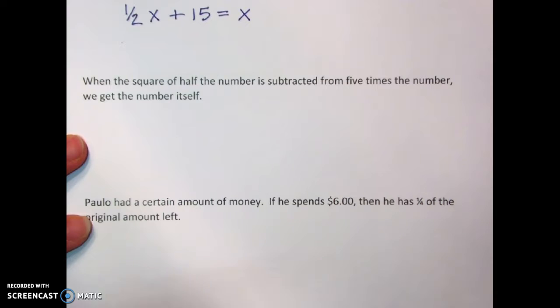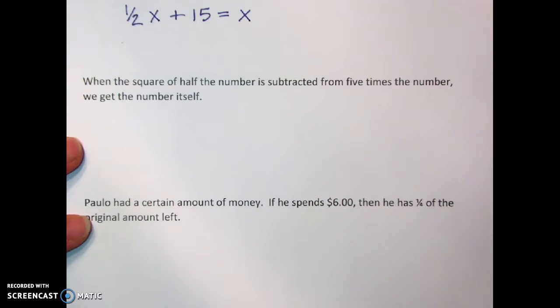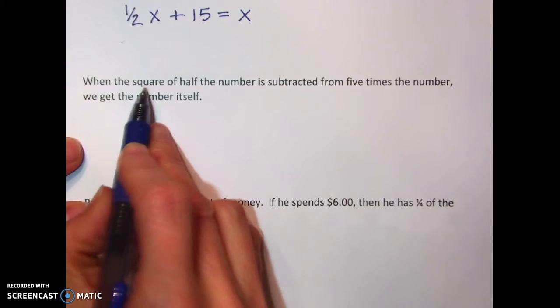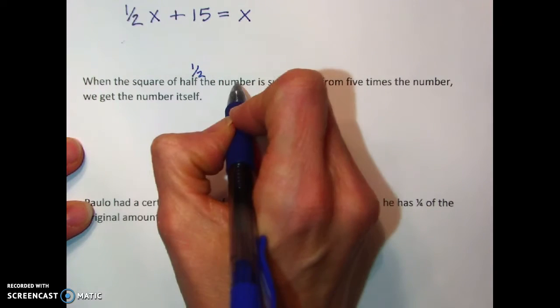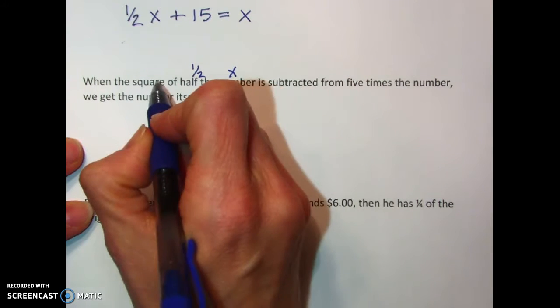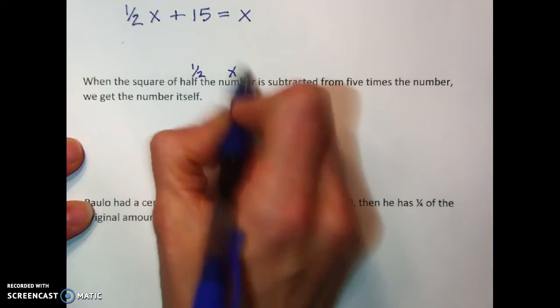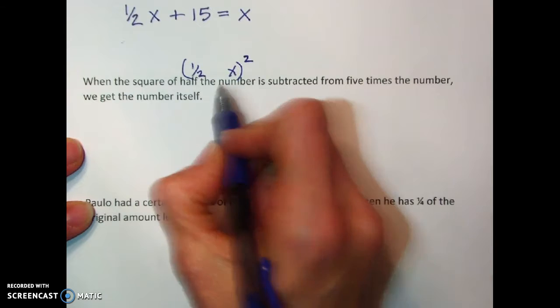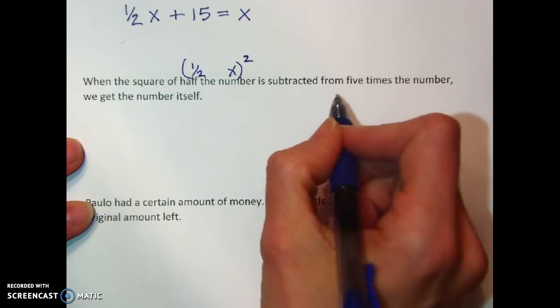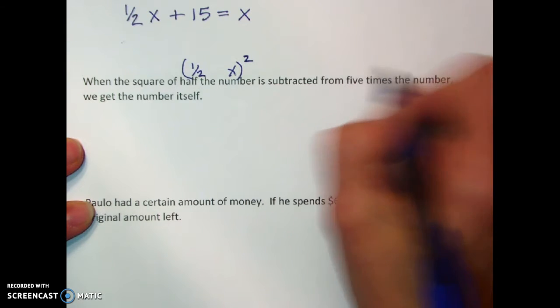When the square of half a number is subtracted from 5 times the number, we get the number itself. So we want the square of half a number. So we want half a number, but we want to square this. So we want to take this and square it. Now that is subtracted from 5 times a number.